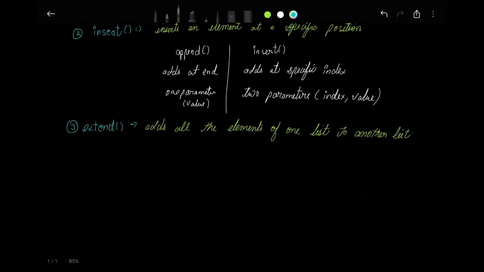After extend, we have remove method. Remove method removes the first occurrence of specified value.